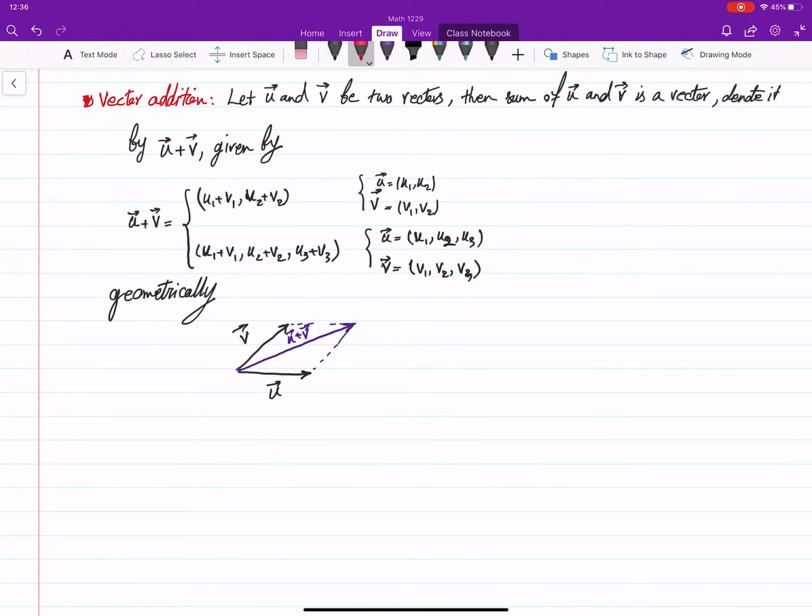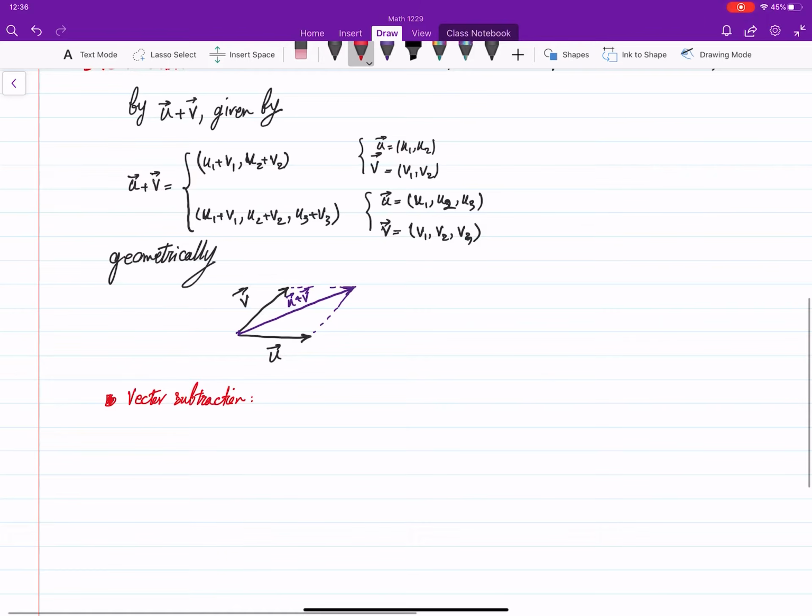The third thing, that third operation we want to learn, is vector subtraction. So the vectors u and v are given.